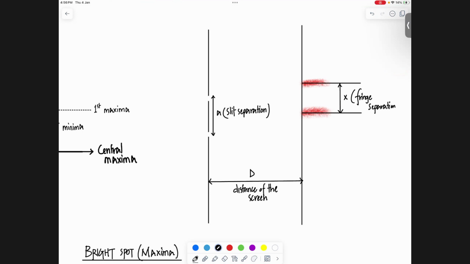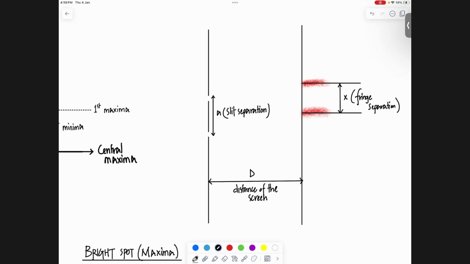Fringe is what these lines are called, so it's called fringe separation. So you need to know these terms, okay? Lambda, sorry, a, X, and D. What is a? Slit separation. D is what? How far the screen is. And your X is what? Fringe separation.